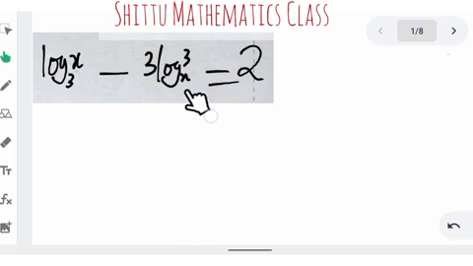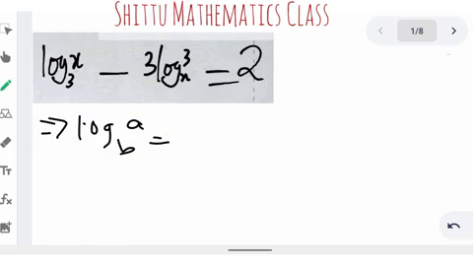We are going to change this x to base 3, so that we'll be able to use the subtraction law of logarithm. So from there we are going to use the idea of the change of base, that is log a over b equals to... so like this we want to change this base b to another base entirely.